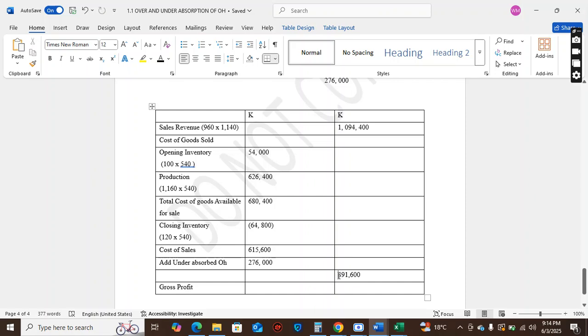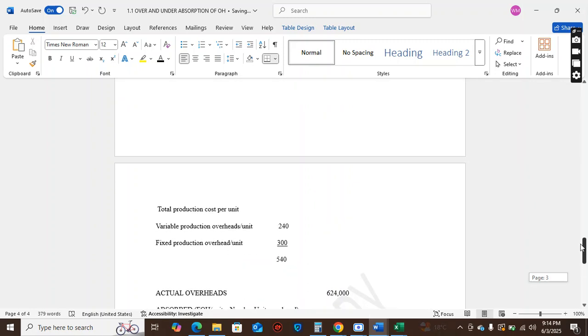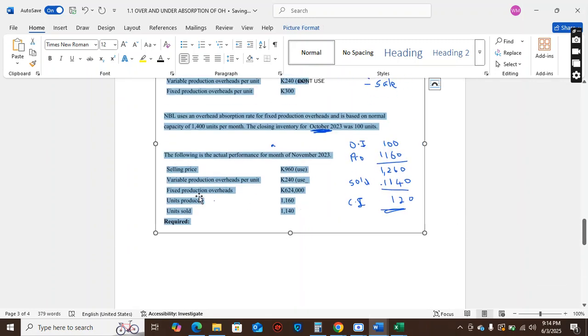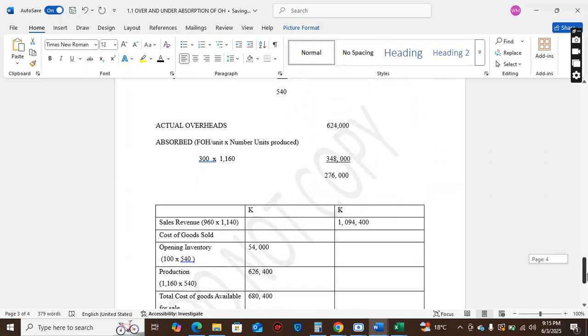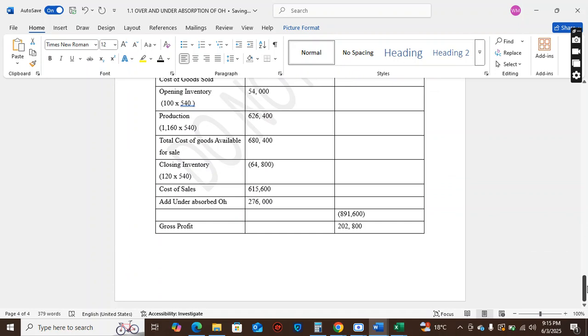Revenue minus cost of sales is 202,800. Yes, that is our gross profit. Do not be tempted to deduct the fixed production overheads again. No, you just end there. 202,800.